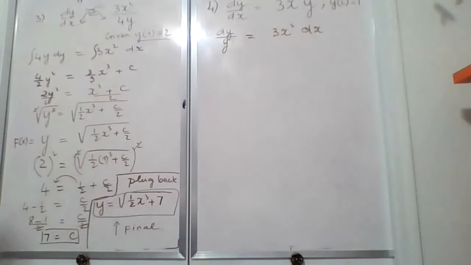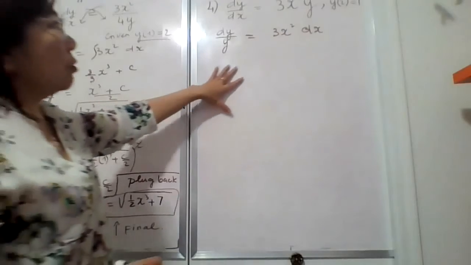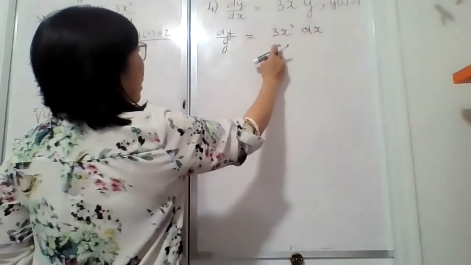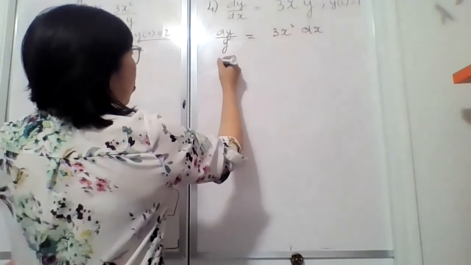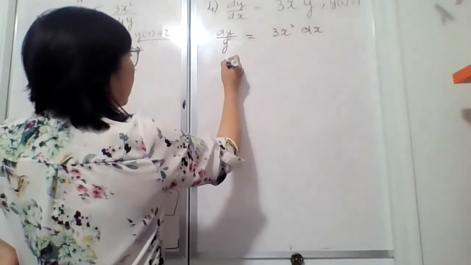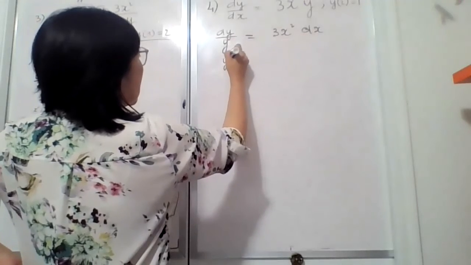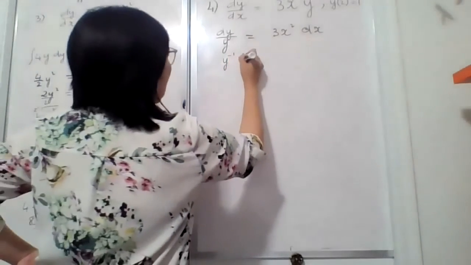That's always the case, right? Because I explained a little bit on the first and second question, now I'm going to go a little bit faster, okay? So dy divided by y equal 3x squared times dx. At this point, I'm going to bring this up, and this is y to the minus 1 dy.